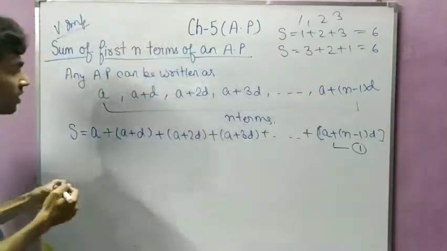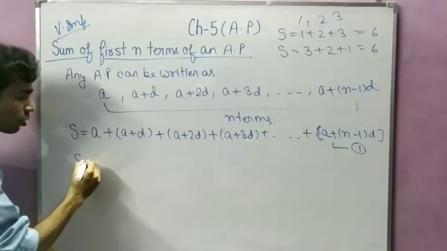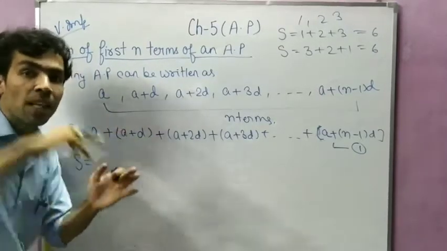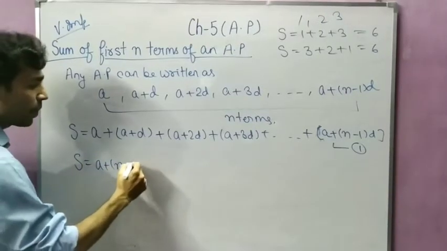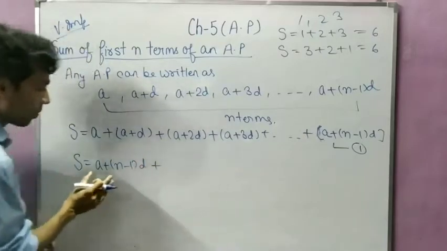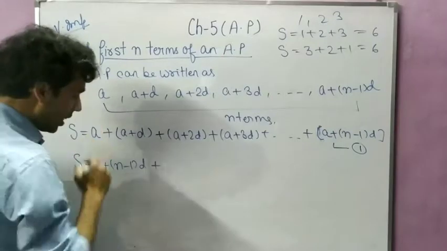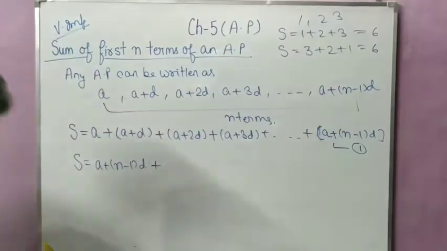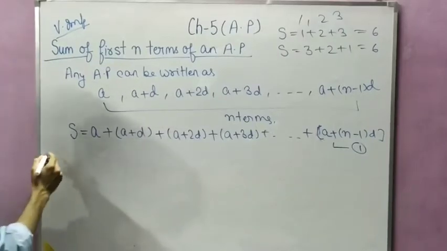So in the first case I have added them directly, and in the second case I will start from the last term. So what will be the first term here? The first term is a plus n minus 1 d. Then after that what will come? See, now we have to move in this direction. There is not so much space, that's why I am writing like that.